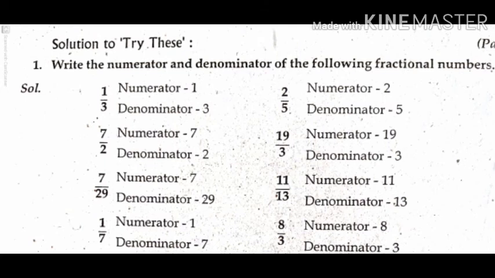Next, 1 by 7, numerator is 1, denominator is 7. Next, 2 by 5, numerator is 2, denominator is 5. Next, 19 by 3, numerator is 19, denominator is 3. Next, 11 by 13, numerator is 11, denominator is 13. Next, 8 by 3, numerator is 8 and denominator is 3.